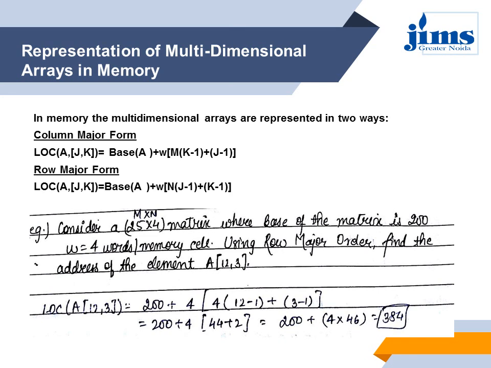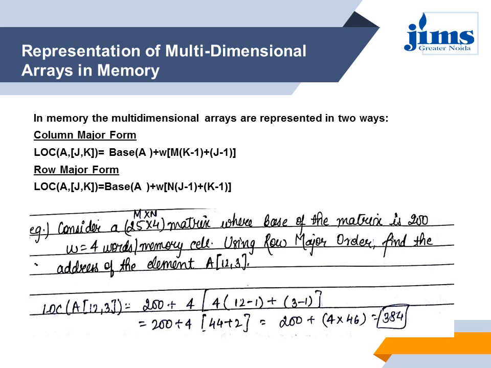Let's consider an example. Consider an m cross n matrix, 25 cross 4, where the base of the matrix is 200 and there are 4 words per memory cell. Using the row major order, find the address of the element A[12][3]. It is a row major form, so we will use the second formula.